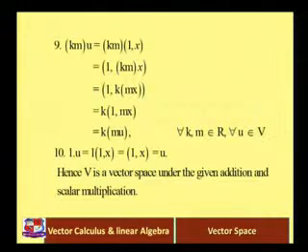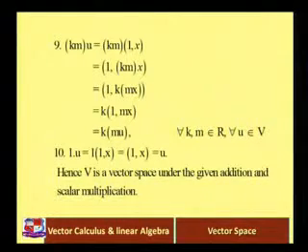The next condition: in brackets k into m, outside the bracket u, that is equal to (km) into (1, x), that is equal to (1, (km) into x), that is equal to (1, k into (mx)), because this property we have for real numbers, so we use that one.